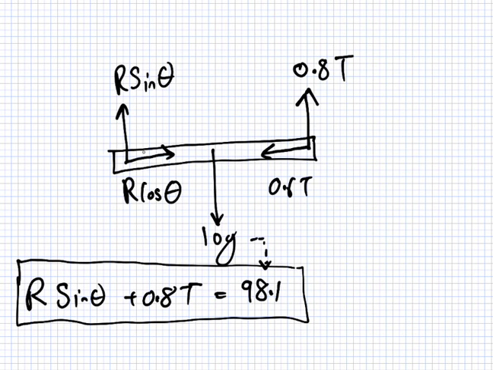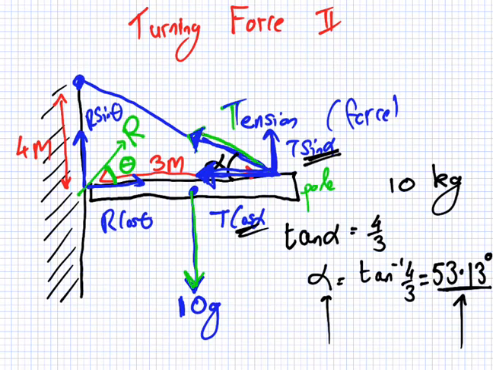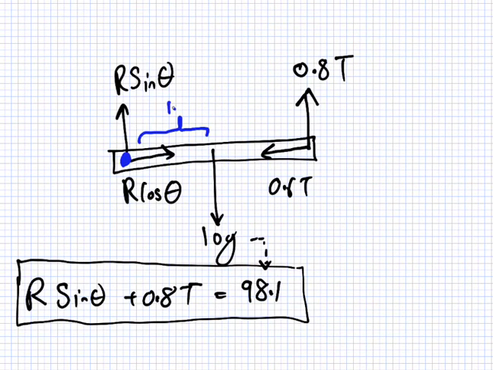So then the next thing we need to do is get the turning force. This point here is the turning point. What's this distance? Well, if I go back, it is 1.5 meters. And then what's this whole distance? 3. Okay. This one, clockwise or anti-clockwise? Nothing, because it goes through the point.